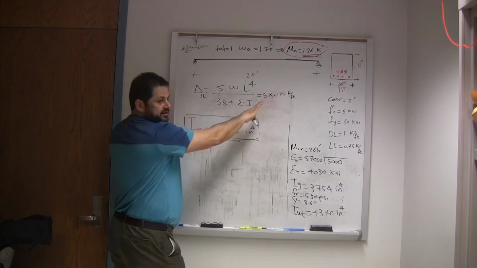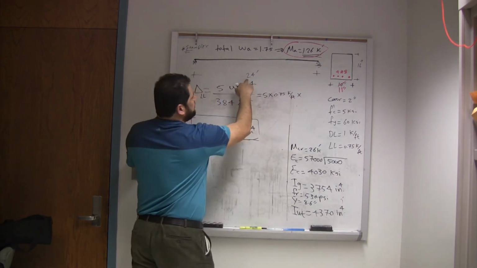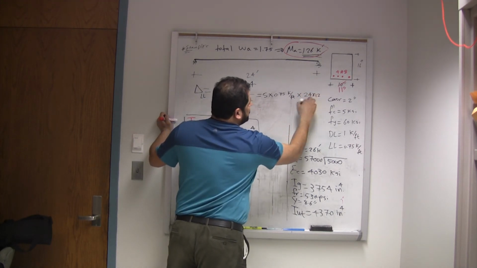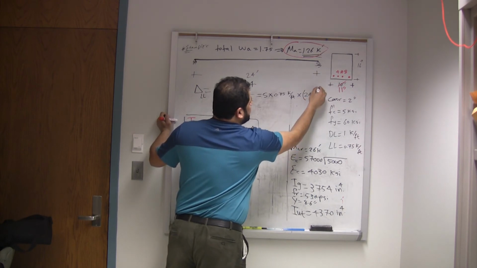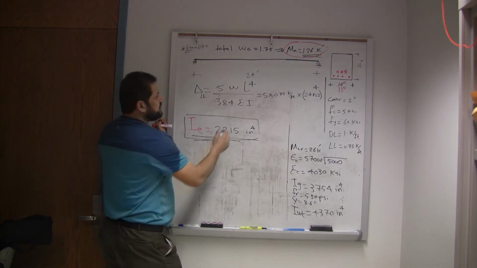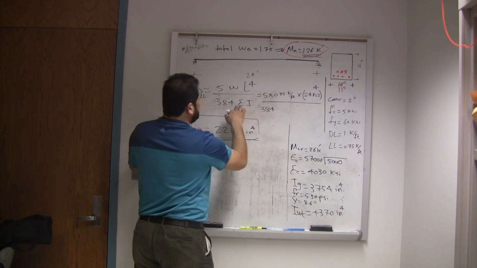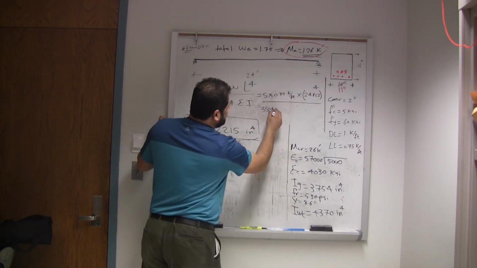I'm going to do something here. Just give me 1 second. Times, what's L? 24, so change to inch. 24 foot times 12 inch. This is all after I do the change, to the power 4, divided by 384. E is E for concrete, which is 4030.